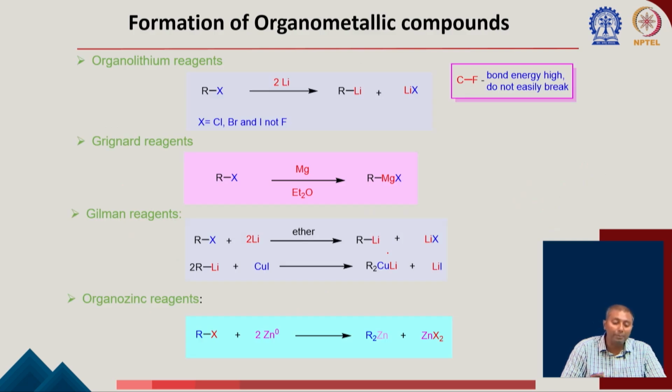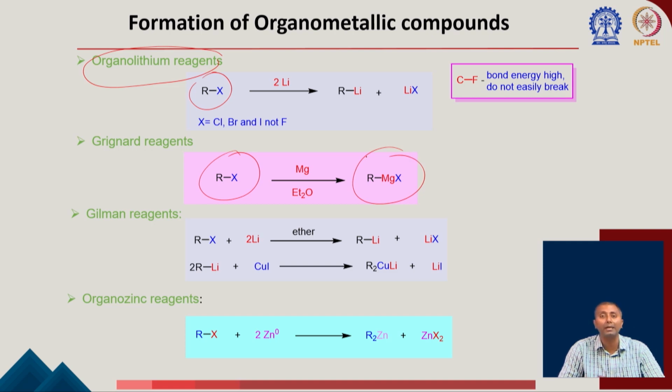So I'm going to talk about all these different types of organolithium reagents. I'm going to talk about their synthesis, how you can synthesize them from the corresponding alkyl halide. There are also other methods. And then going to the Grignard reagent, using magnesium, how to make Grignard reagents, and what are the different mechanisms for the synthesis of Grignard reagent.